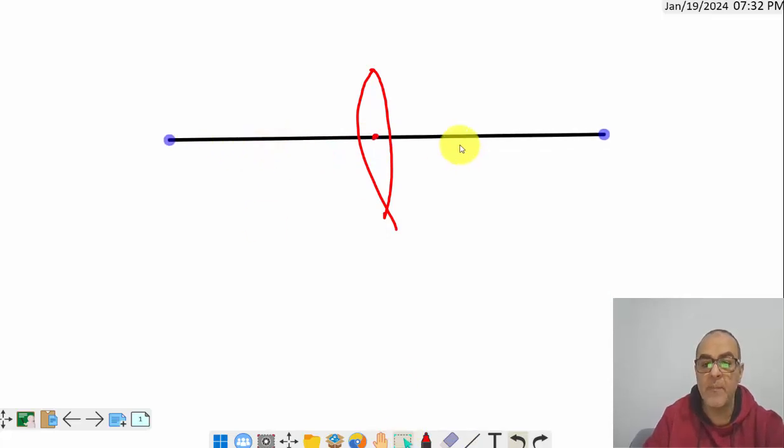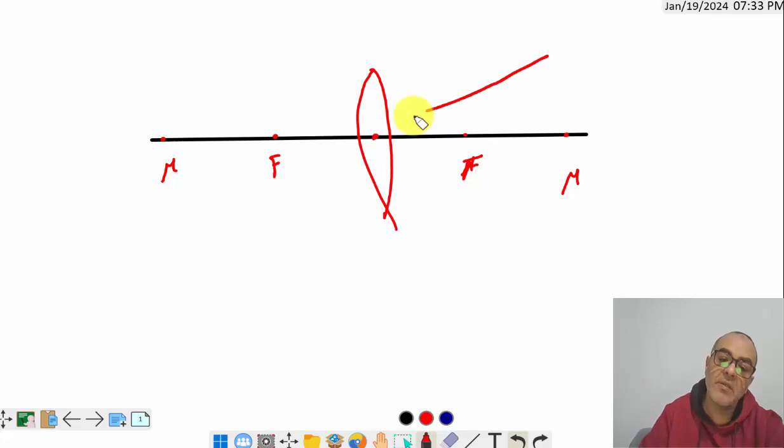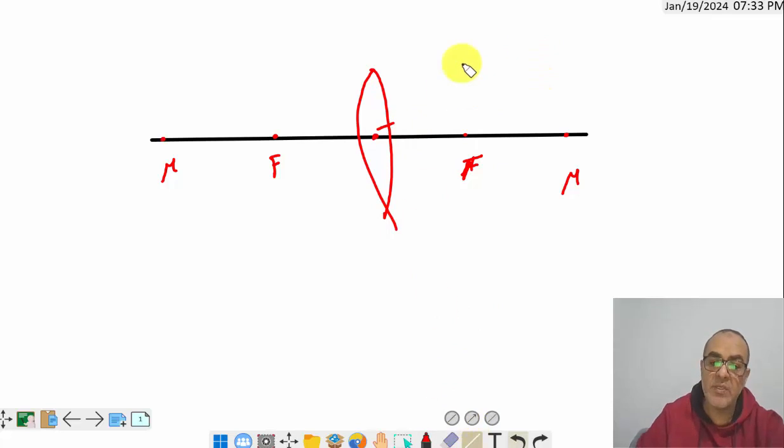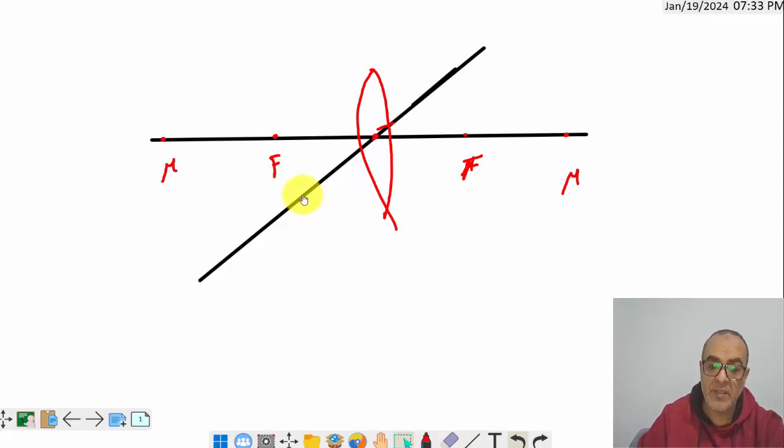We have two focuses because we have two spherical surfaces. When the ray passes through this optical center, it doesn't refract.